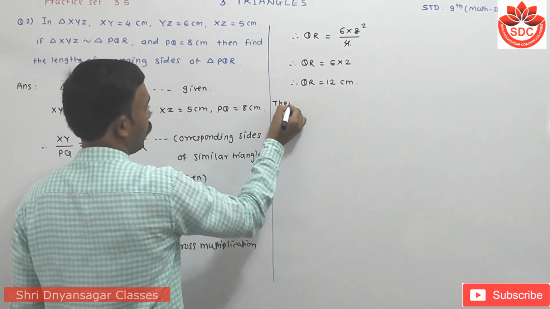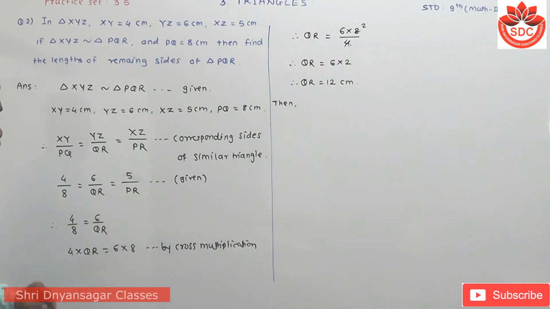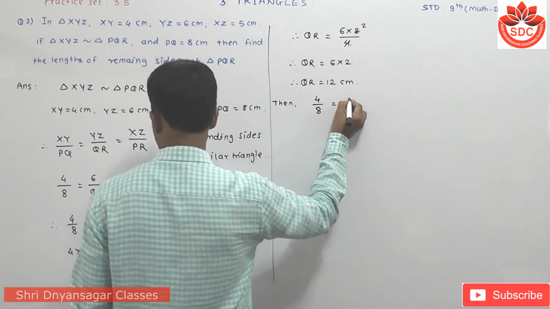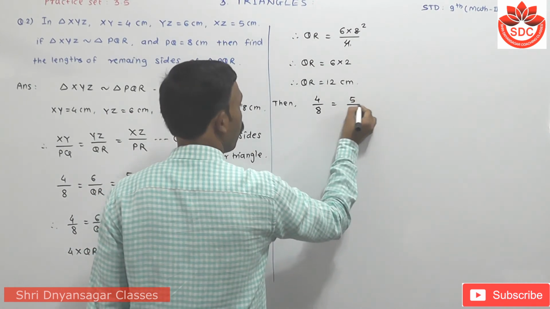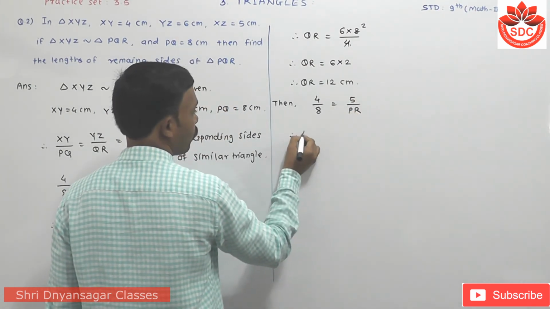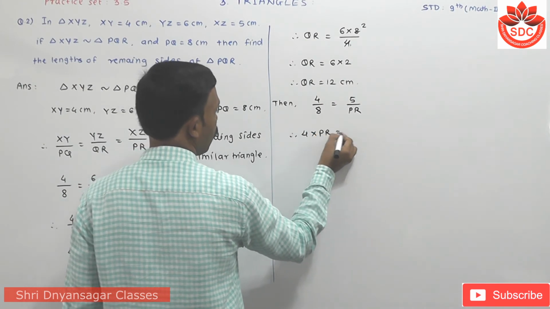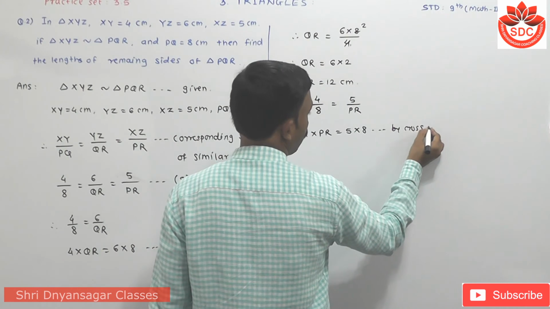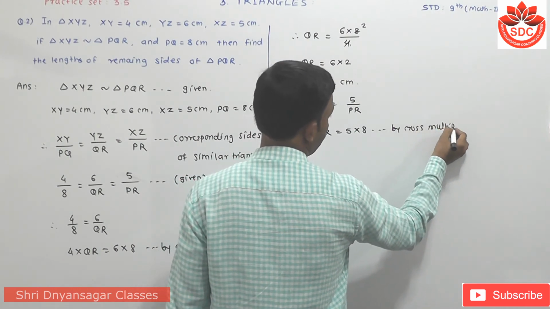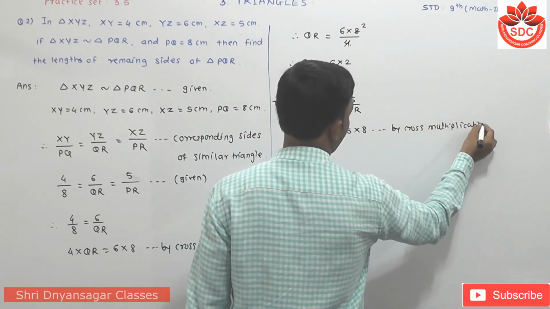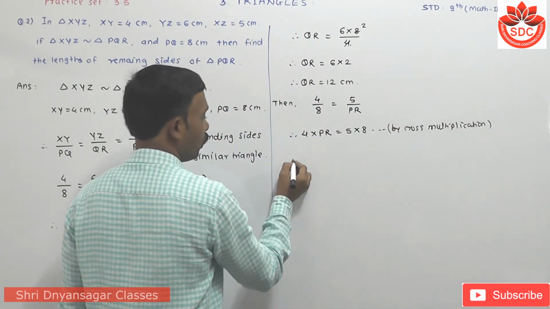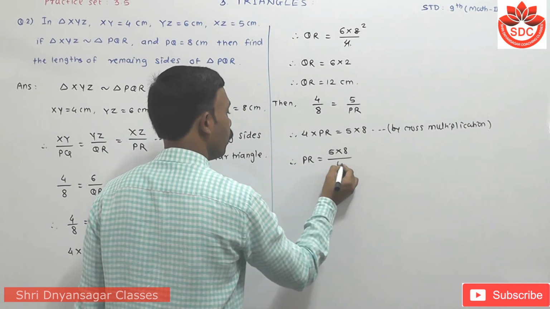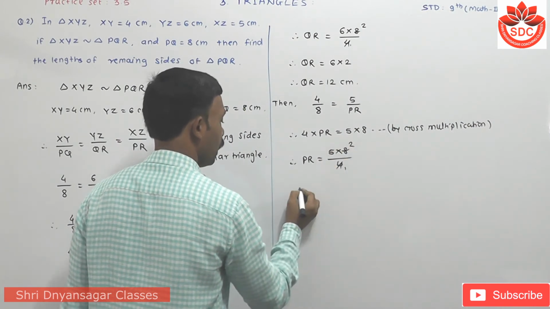Then we can find the value of PR using this ratio. 4 upon 8 equals 5 upon PR. Again by cross multiplication, 4 into PR equals 5 into 8. Then 4 goes to the denominator, therefore PR equals 5 into 8 upon 4. 4 ones are 4, 4 twos are 8.